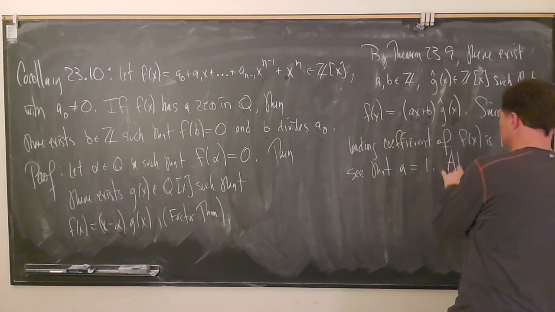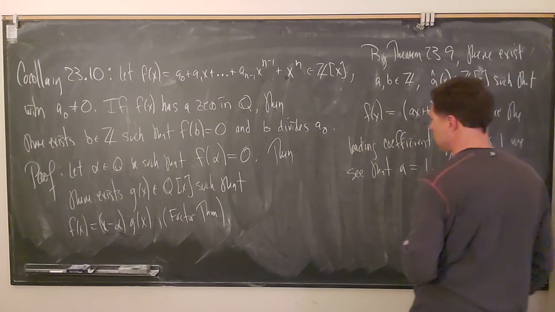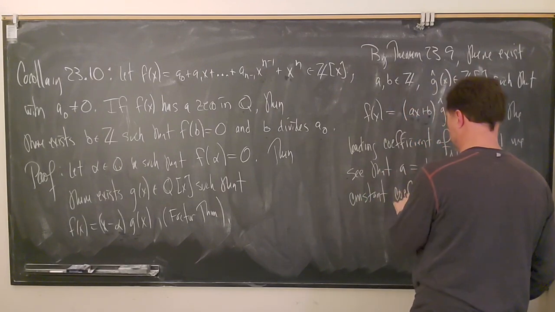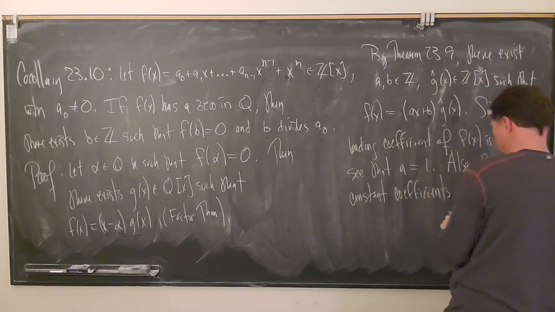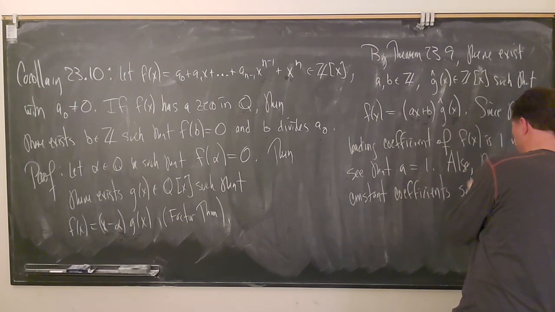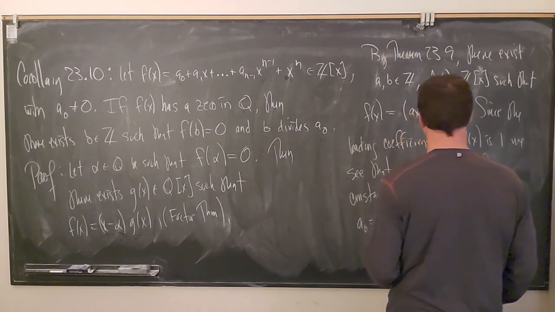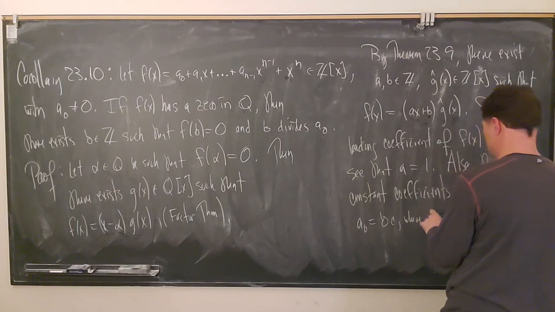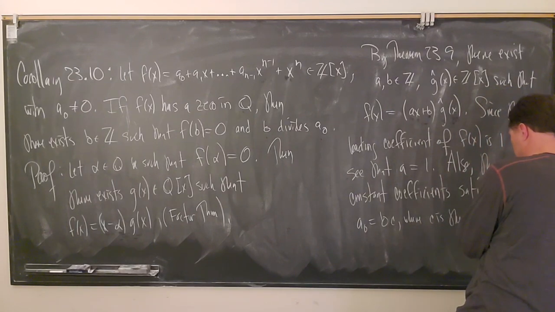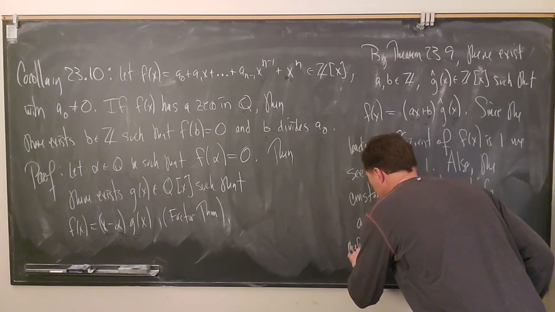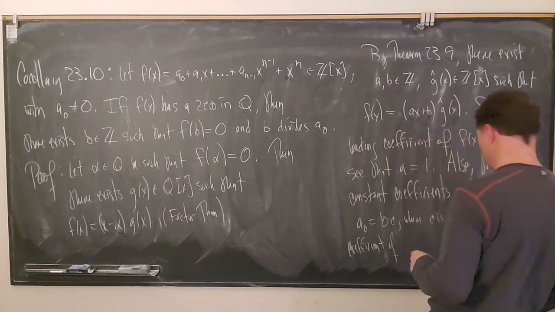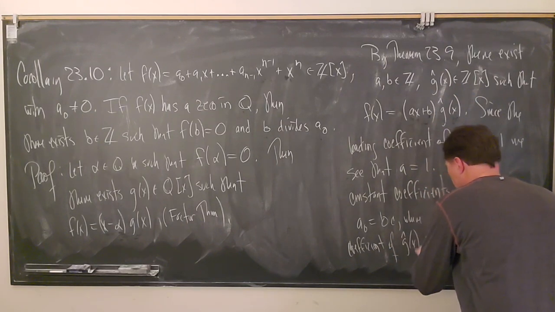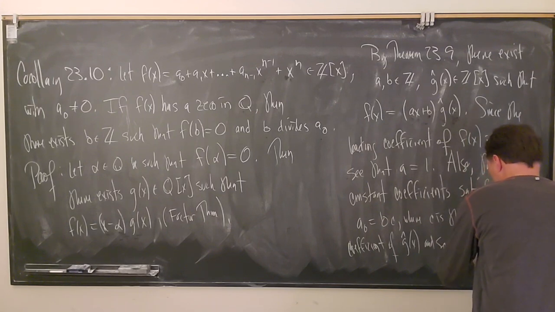So also, the constant coefficients satisfy: a0 is equal to b times, I don't know, c, where c is the constant coefficient of g hat of x, and so b divides a0.